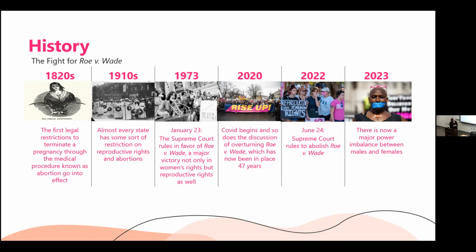By 1973, as we talked about, the Supreme Court rules in favor of Roe v. Wade. But by 2020, COVID begins, and so does the discussion of overturning it. By 2022, the Supreme Court officially overturns Roe v. Wade. And now, in 2023, we see a major imbalance between males and females.